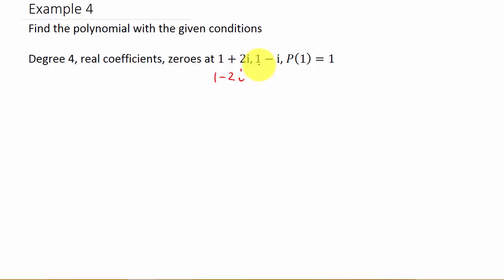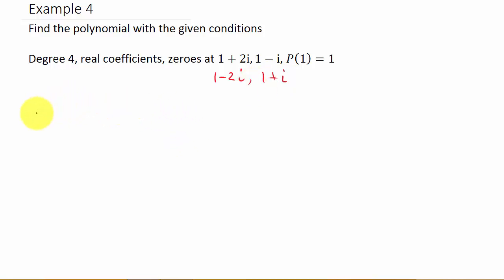Remember your conjugate pairs theorem. And if 1 minus i is a solution, so is 1 plus i. If they give you a complex number as a solution, its conjugate is also a solution. That's a theorem.